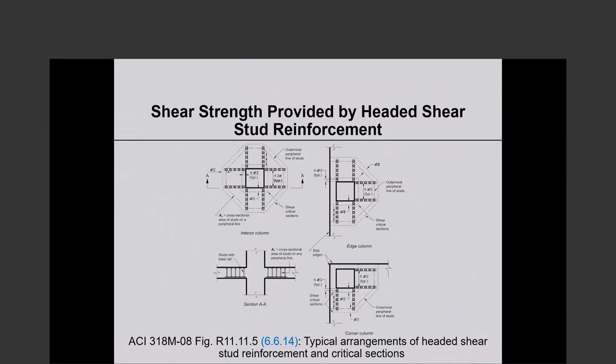I thought the picture was before. Anyway, this picture gives you, just as with the conventional shear reinforcement, the different layouts that you are likely to have for an interior column, an exterior or edge column, and a corner column. Here there are 8 rails, here there are 6 rails, and here there are 4 rails that are used.